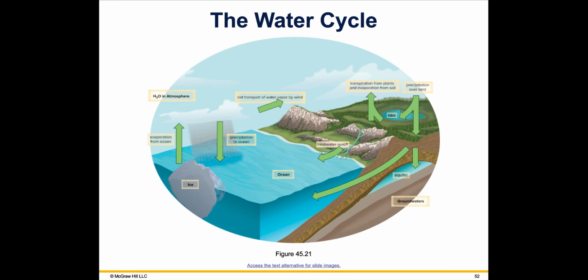So then here's our water cycle. Our planet is made up of about 75% water, but of that water, about 3% of it is fresh, and about 1% of that water is available. Where's the rest of it? Well, it's ice. It's in deep underground water called aquifers.